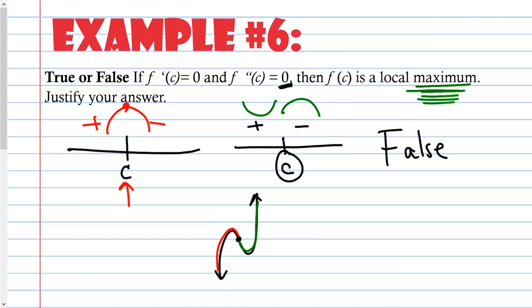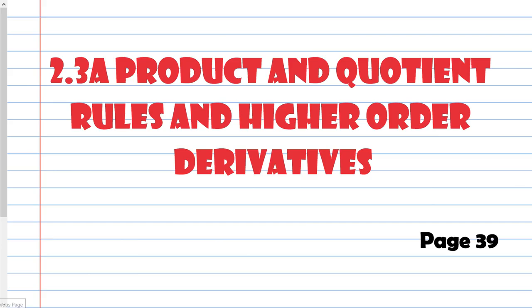This is where my concavity changed. That would be my c value in this scenario, or in a reverse scenario of that. If that is my point of inflection, there is no way that that is also a maximum. You can't have a maximum whenever you have a point of inflection. Alright, we're done.